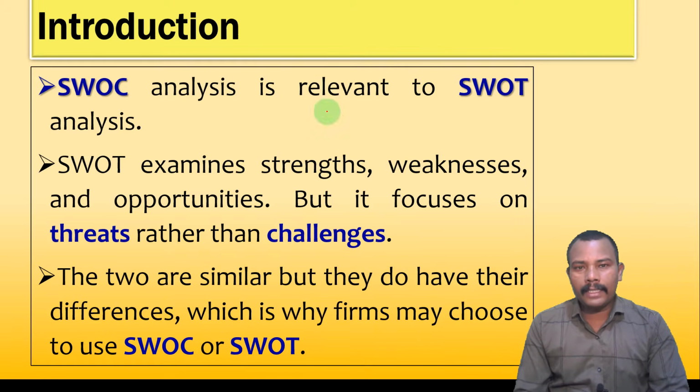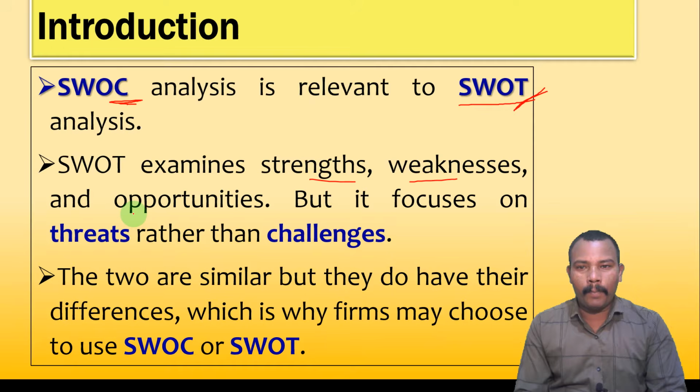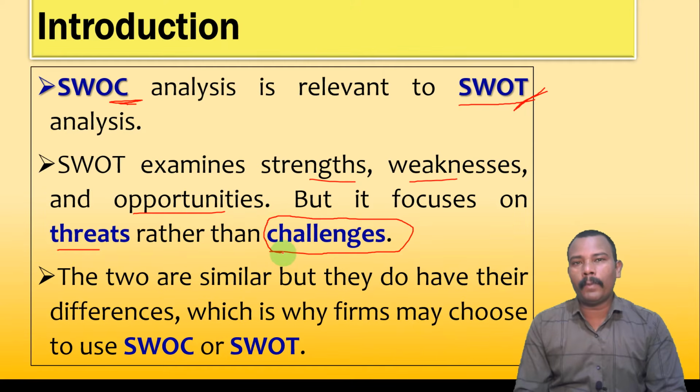SWOC analysis is relevant to SWOT analysis. Now this is another term there. What is SWOT analysis? SWOT. Now there is only one change: in SWOC analysis, C means challenges, and here T is threats. SWOT examines strengths, weaknesses and opportunities, but it focuses on threats rather than challenges. So what I feel personally is that SWOC analysis is important.